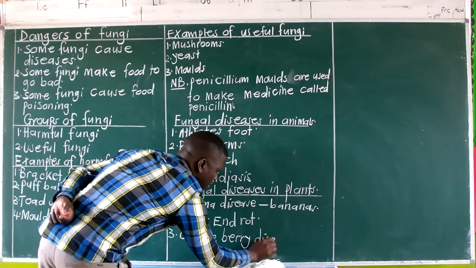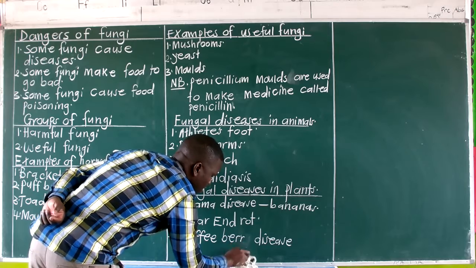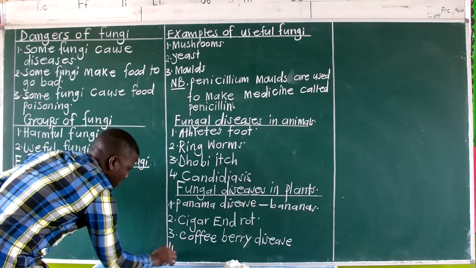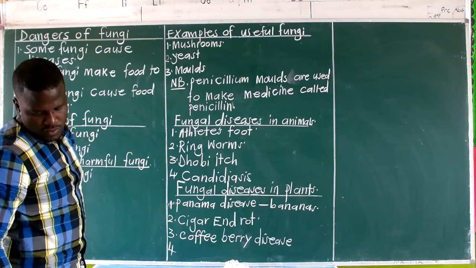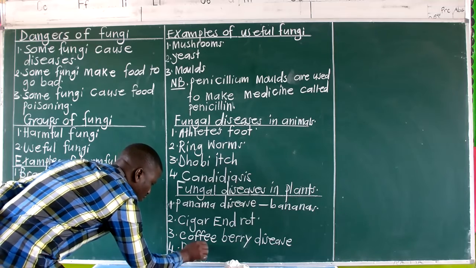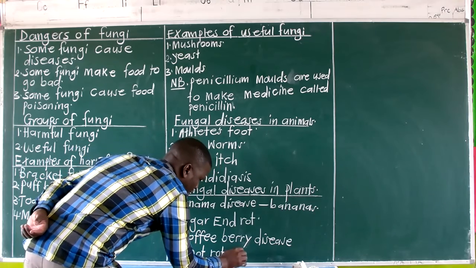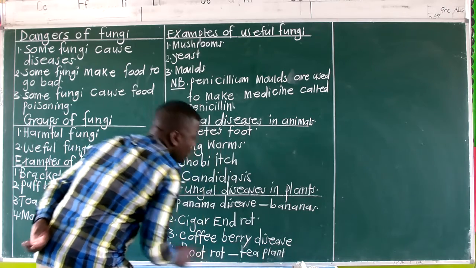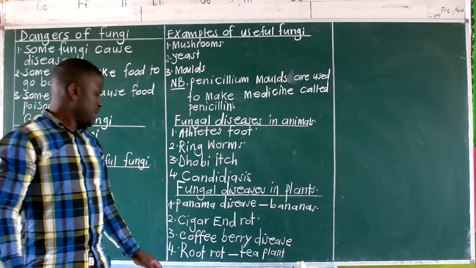Then number four, we have what we call root rot. This one affects a plant called tea plant. So these are fungal diseases that affect plants.